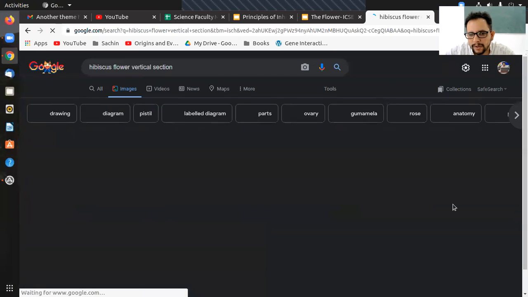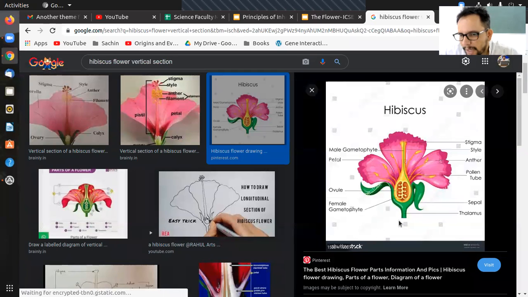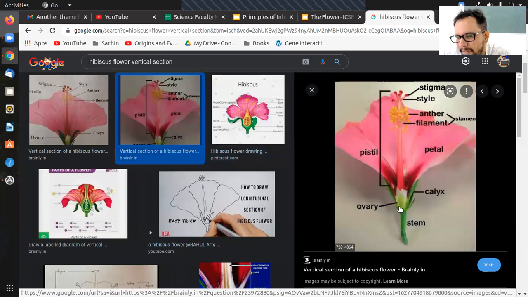Oh yeah, this would do as well. Vertical section, yeah. So if you look at this, you can see they all are at one place, right? They are arising, except the sepals, which are obviously forming a thalamus part later, but you can see all of them arise from one point. This is the actual section. So that's why I said this would be a perigynous flower.